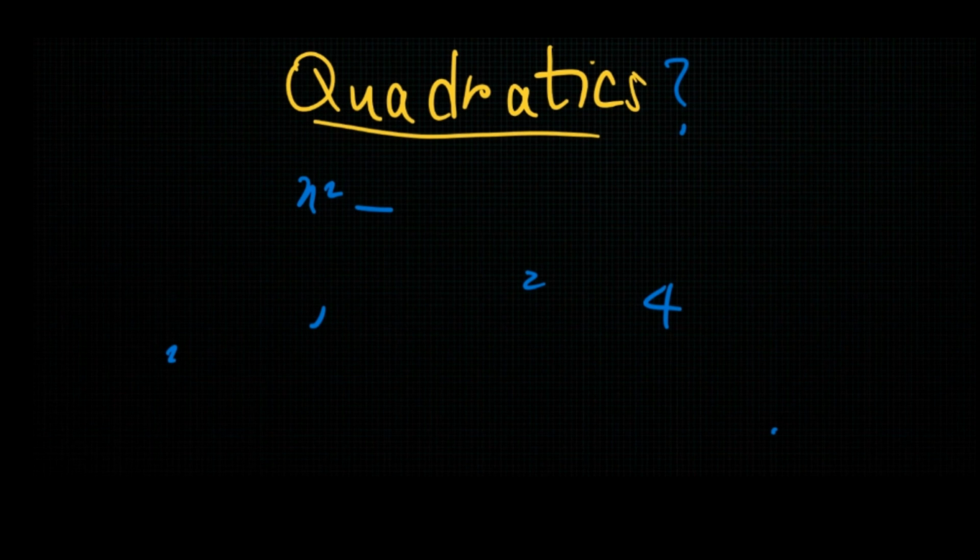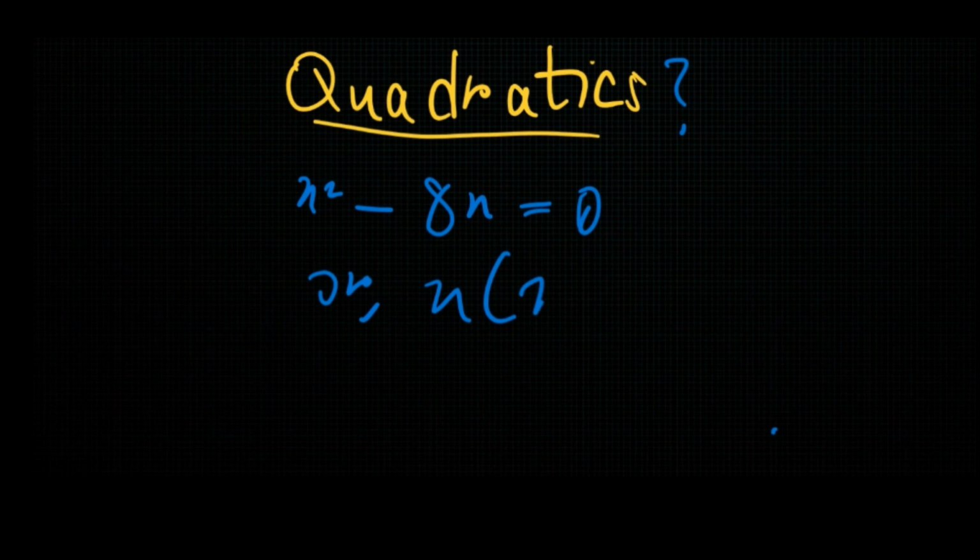What if we had something like this? x squared minus 8x. Now what are we going to do? We can simply take the x out, factor the x, and it will be x times x minus 8. And that's it, just one line and we've already got our answer.